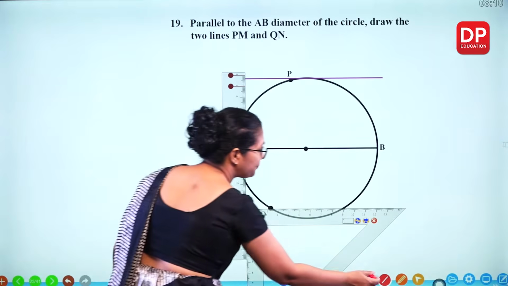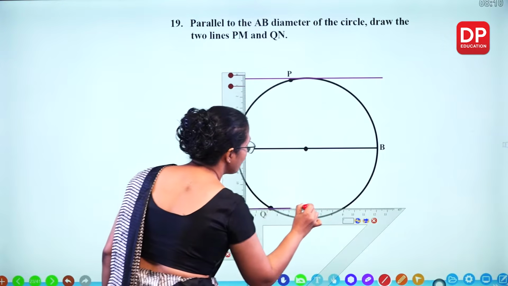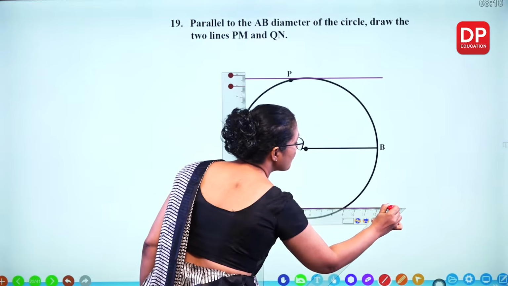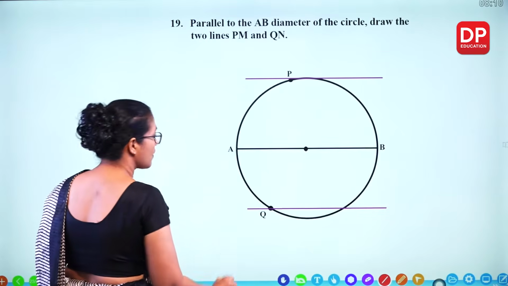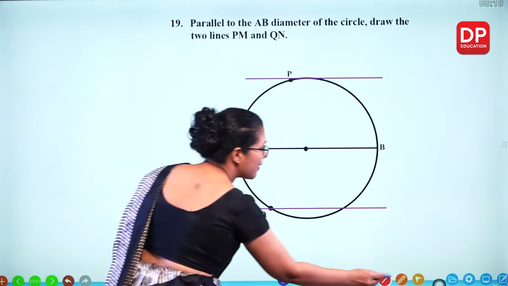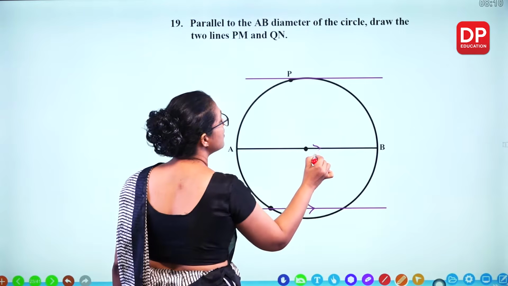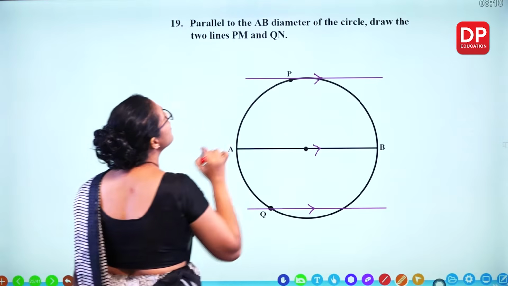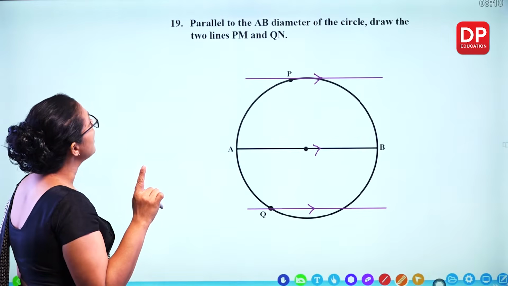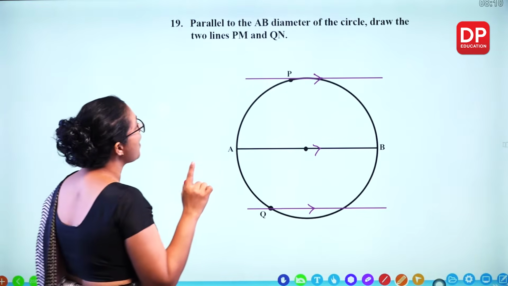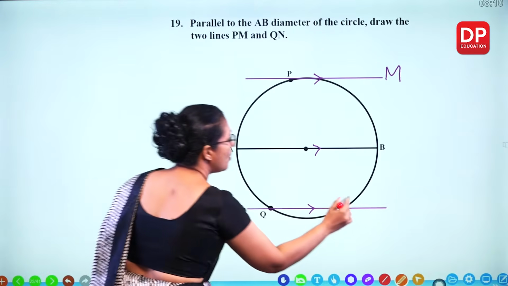So this one. So these are the two parallel lines, this one and this one, passing through P and Q. So we can label them as PM and QN.